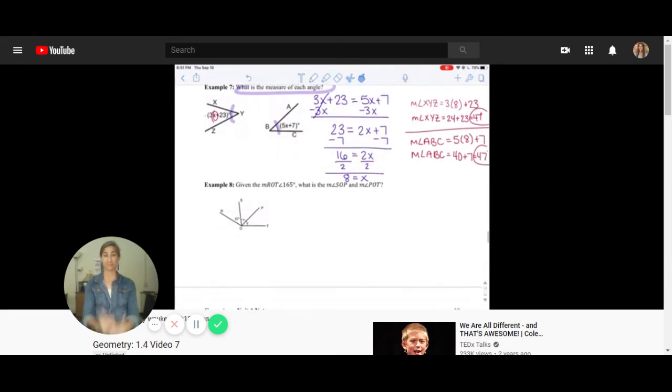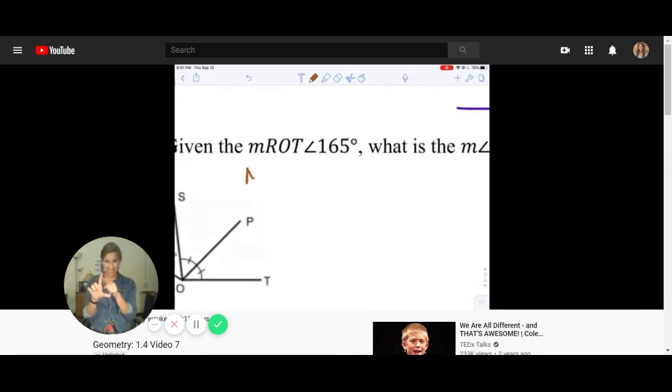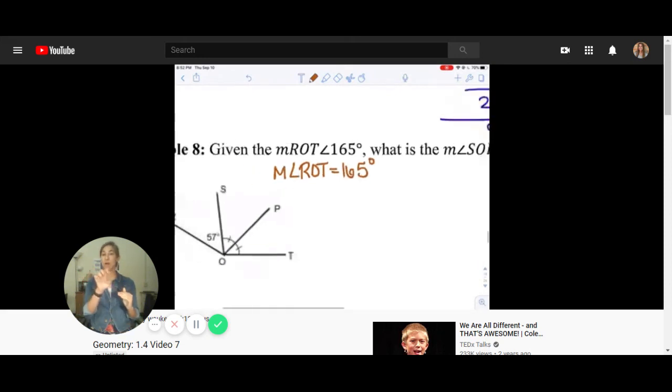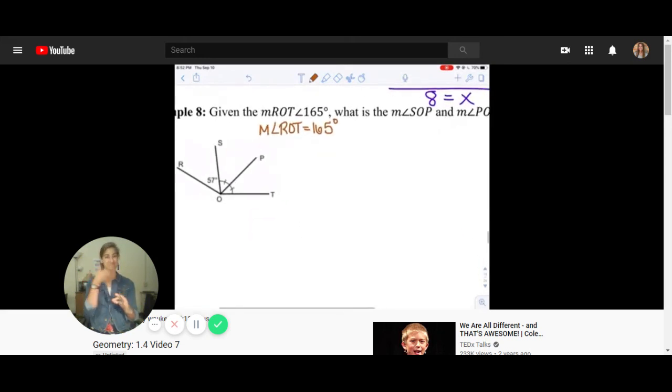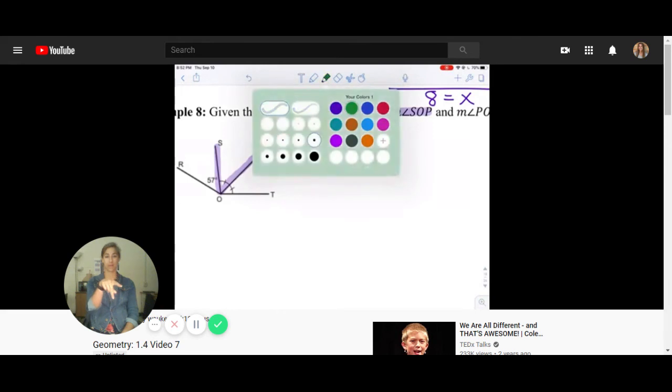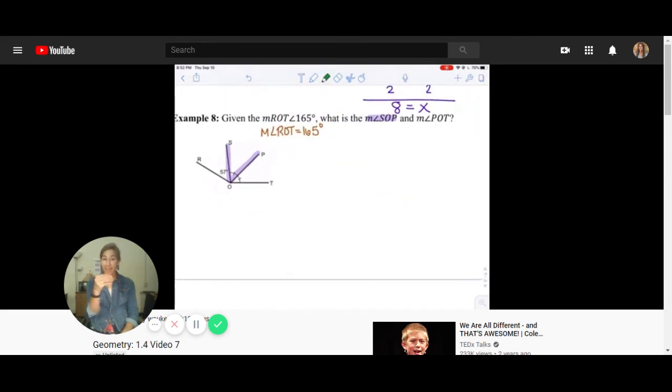In the last question, it says, given the measure of, oops, this angle sign should be over here. The measure of angle ROT equals 165. There we go. What is the measure of angle SOP and the measure of angle POT?